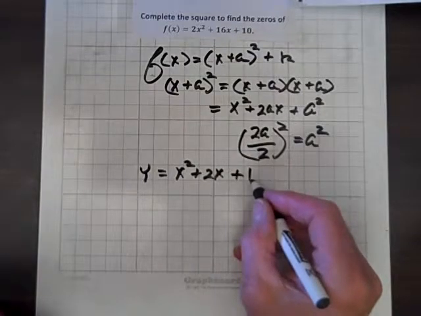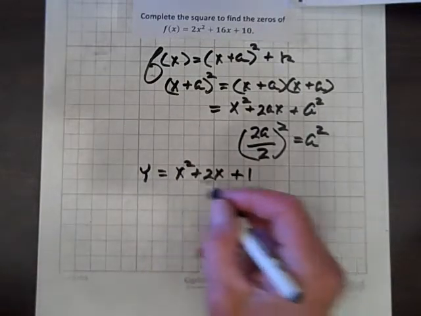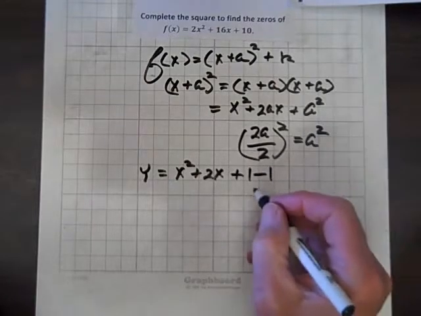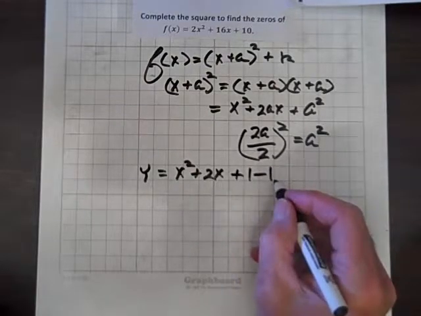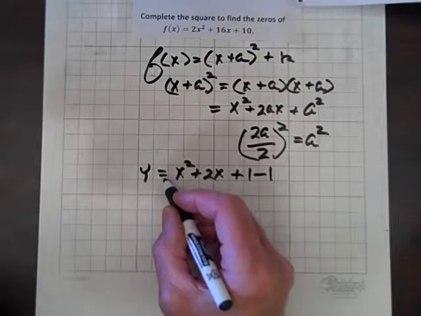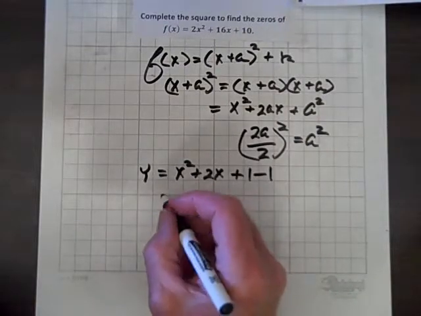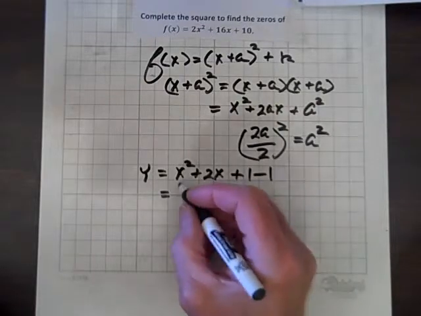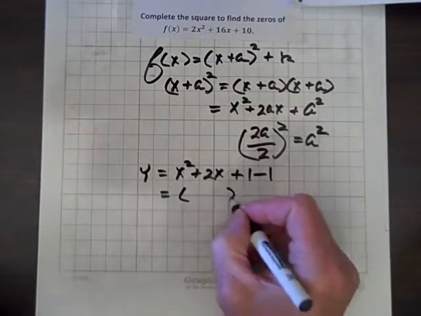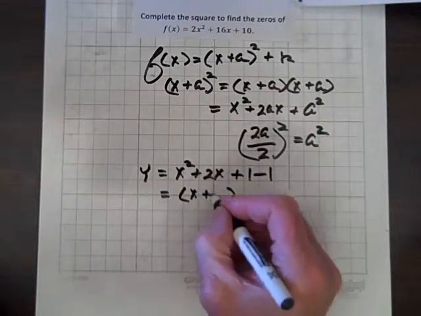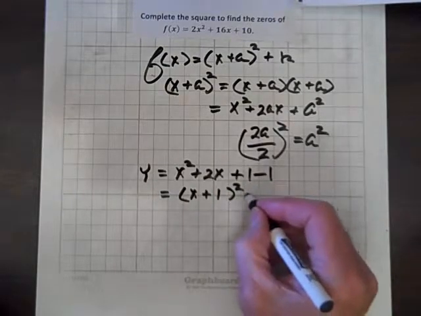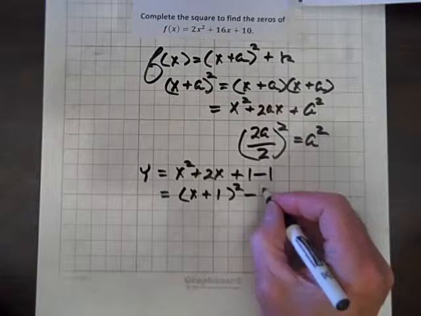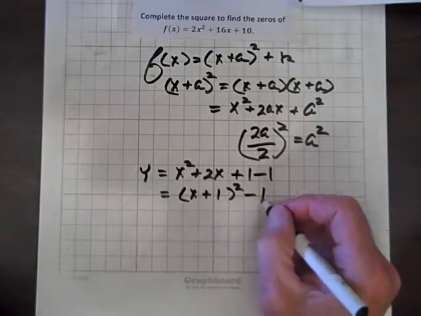We can't just arbitrarily add 1 without violating that equal sign, so I better subtract 1 also. Now we've simply added 0, and the equal sign remains intact, not violated. So these first 3 terms will factor, giving us a perfect square, and with our constant friend, -1.